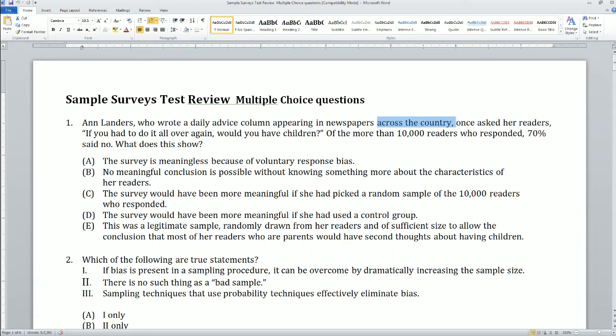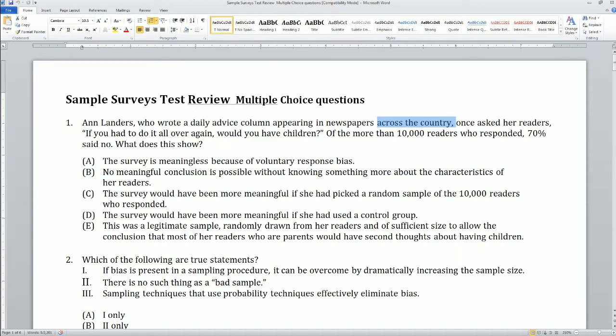Is it C? C, you say the survey would be more meaningful if she picked a random sample of 10,000 readers who respond.